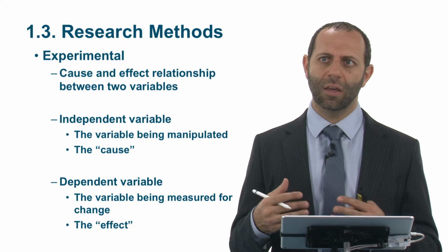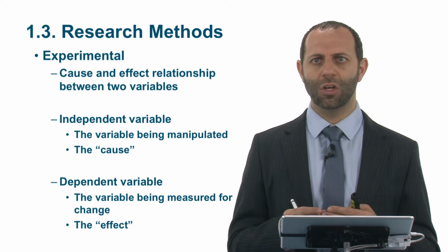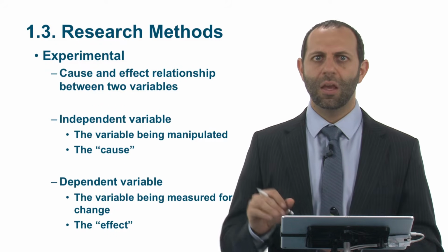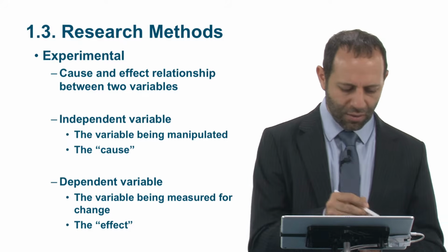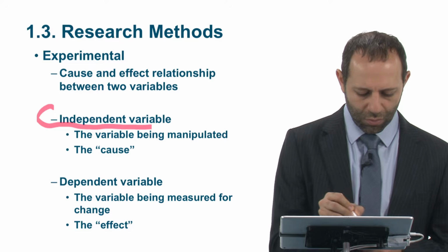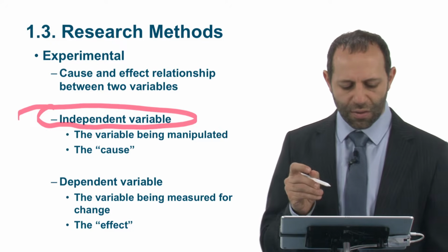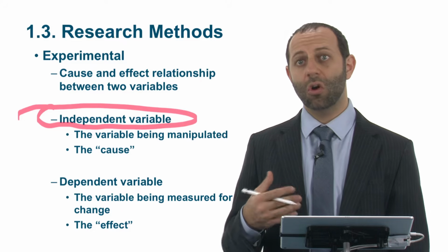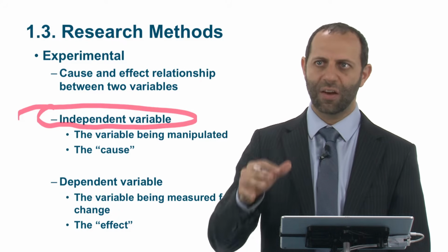When we are conducting experimental methodology, there are going to be two variables that we measure: the independent and dependent variables. The independent variable is the variable that is being manipulated. Essentially, it is the cause in the cause and effect relationship.